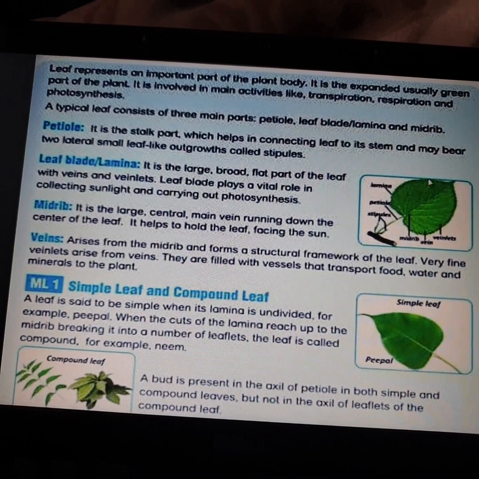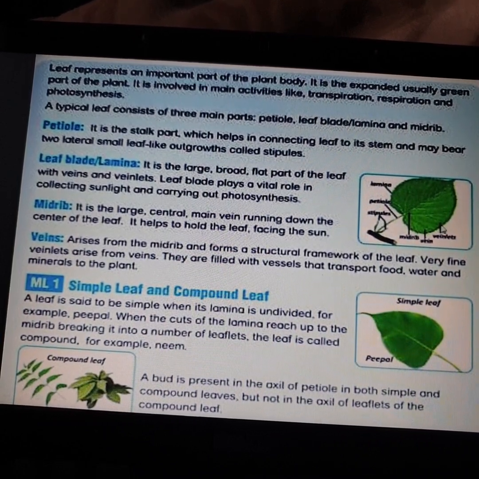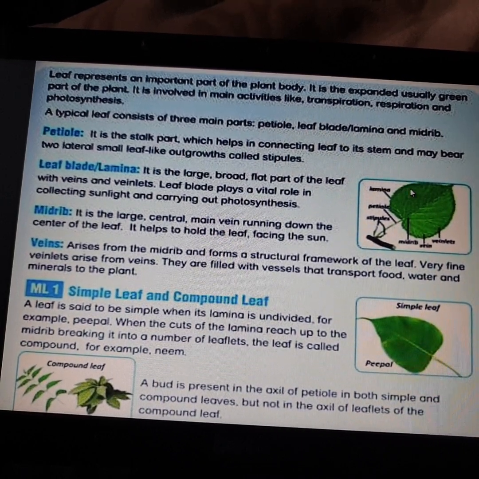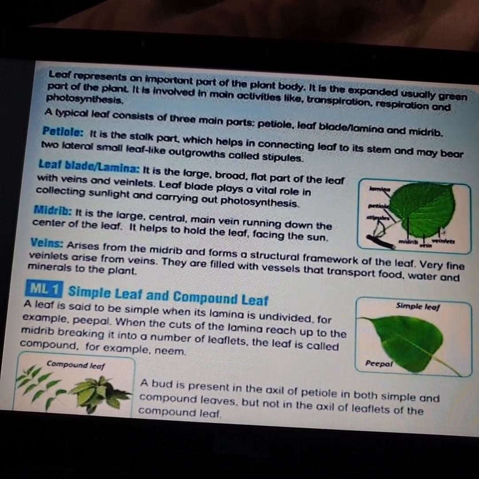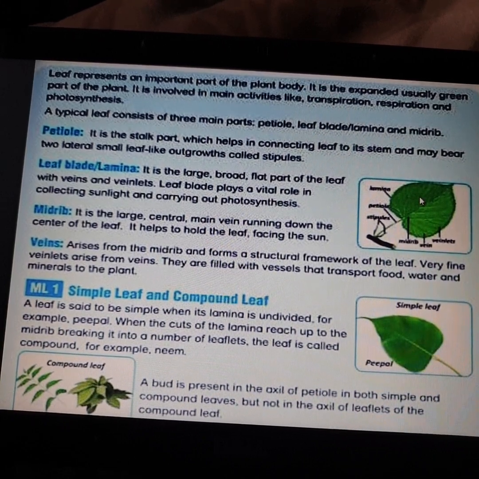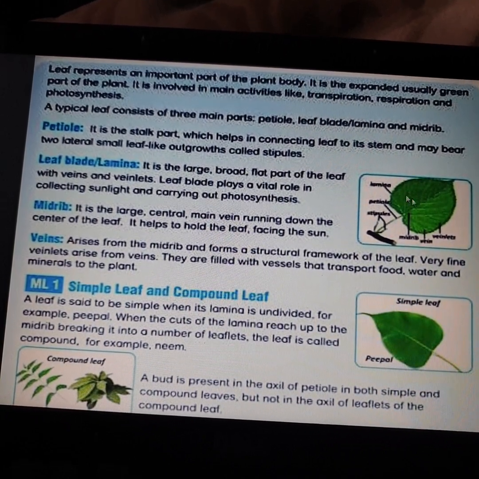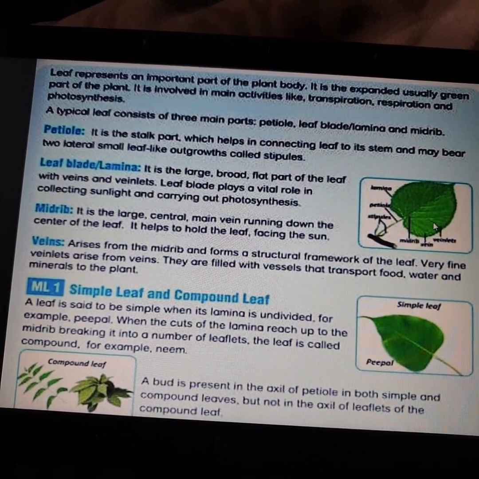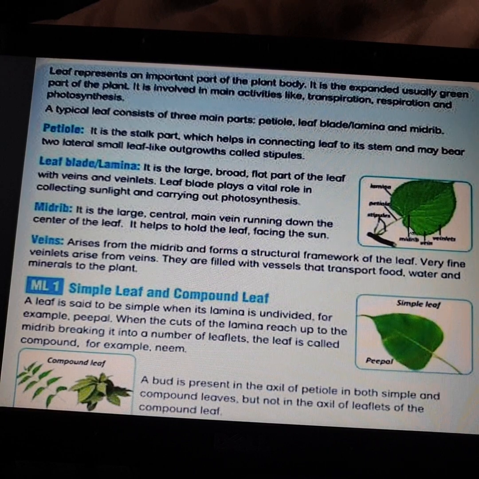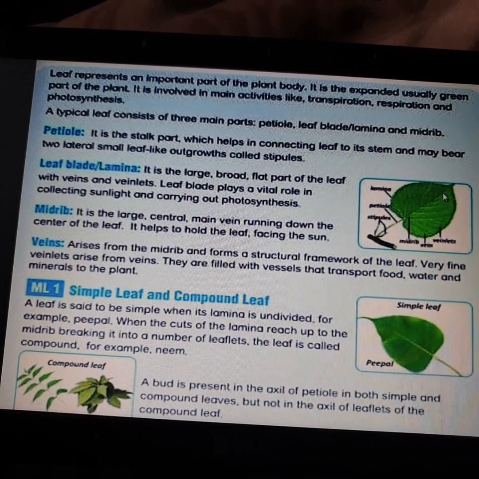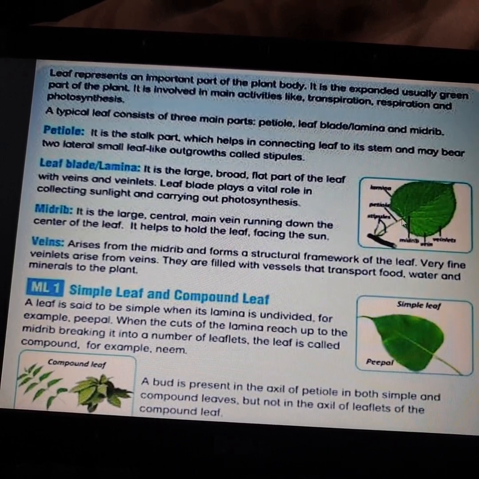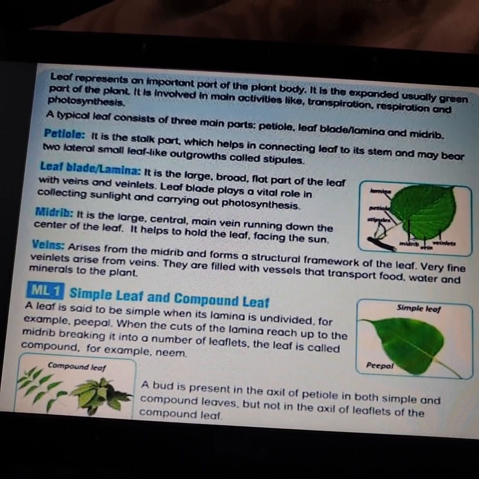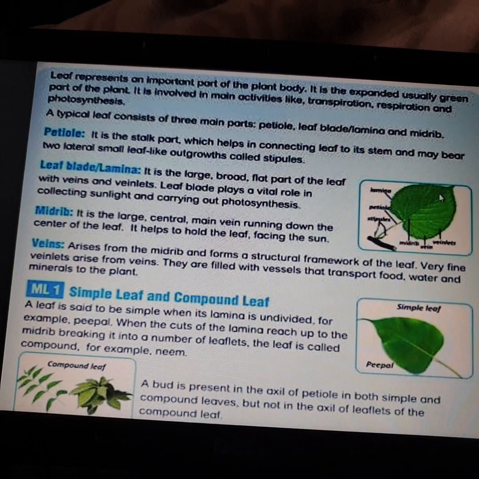As you can see, this is a large, broad and very flat part of a leaf where you can see veins and veinlets running inside. This is the main part of a leaf which will collect the sunlight for carrying out the process called photosynthesis, that is for preparing the food.